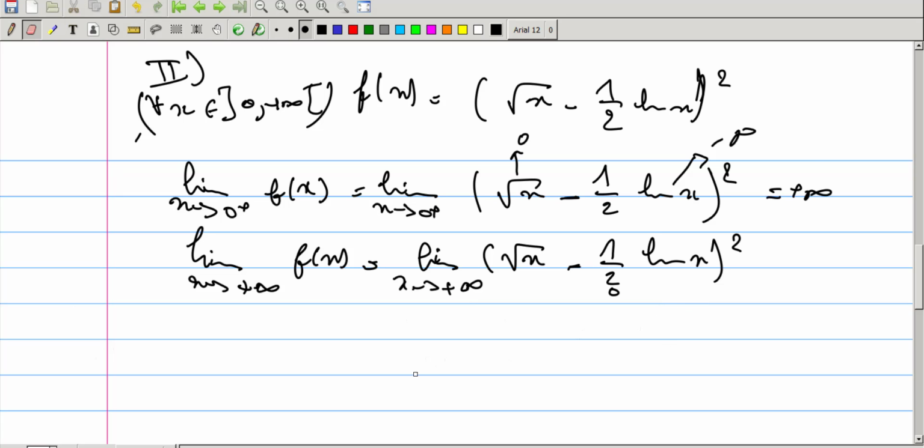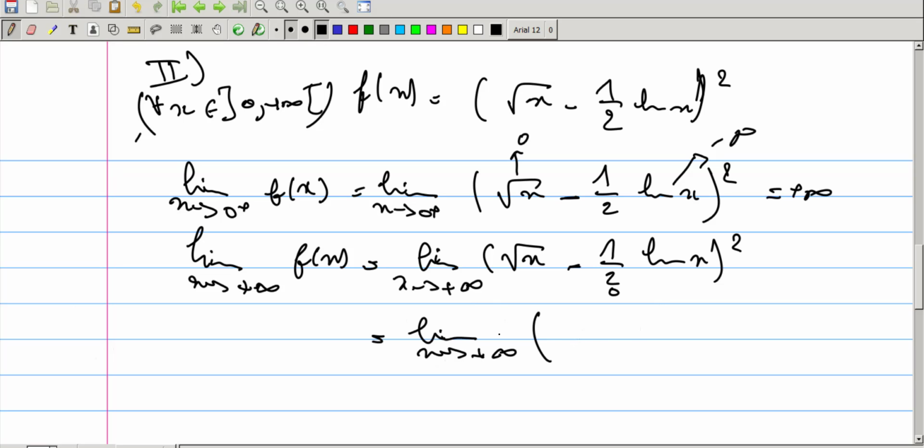It's too easy. There is an important thing here. First of all, the limit of x when it goes to plus infinity.